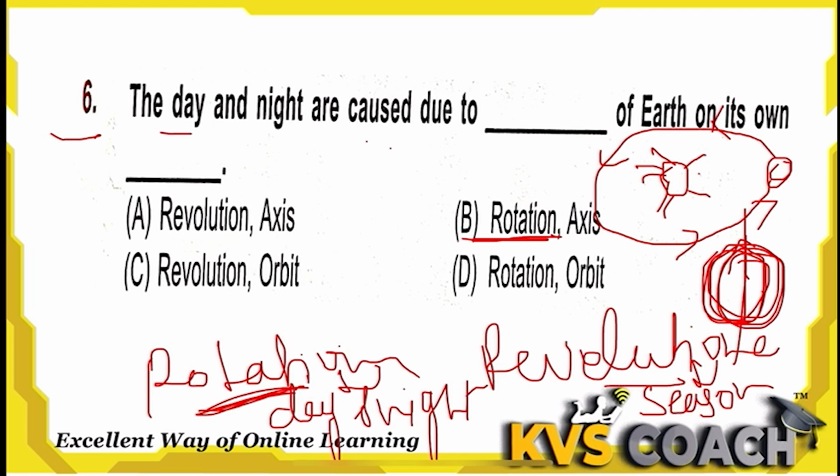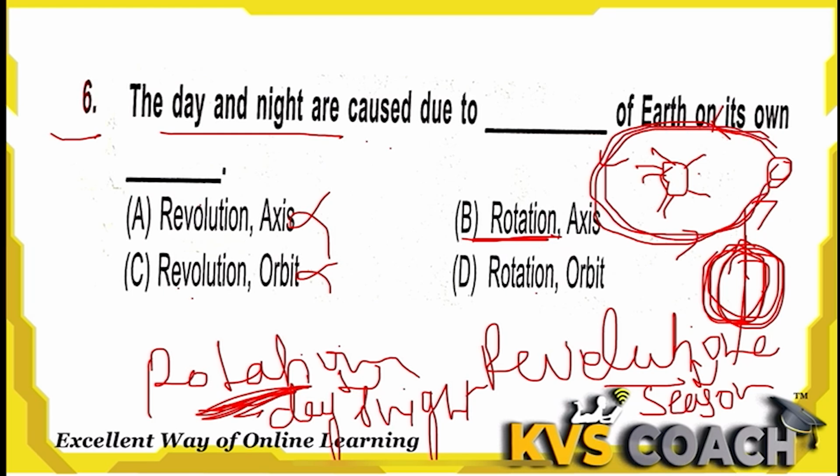They are asking about the day and night change. Day and night change happens by rotation. So A and C are wrong answers, because those are about revolution. Maybe B or D is the answer. This is called an orbit. Revolution is done in the orbit only.